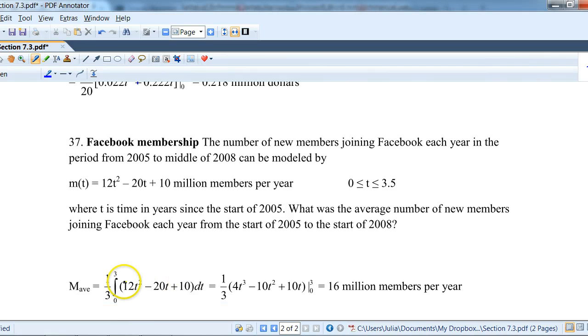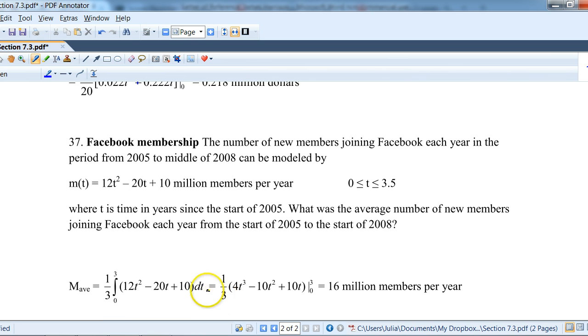So again, set this up as the integral 1 over 3.5, I believe. Oh no, what was the average from the start of 2005 to the start of 2008? Pardon my confusion, but it's only from 0 to 3, not the whole interval. So then it's correct, the setup.